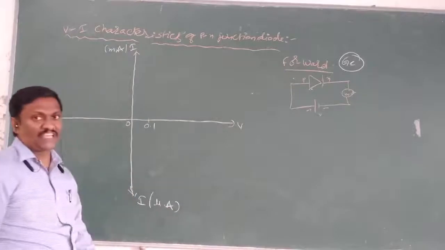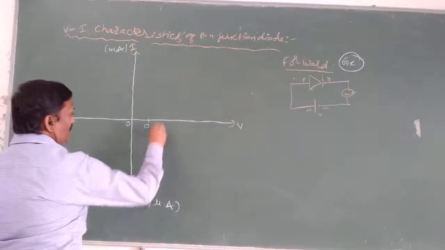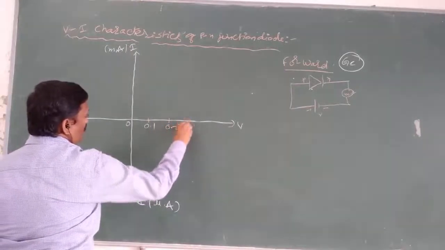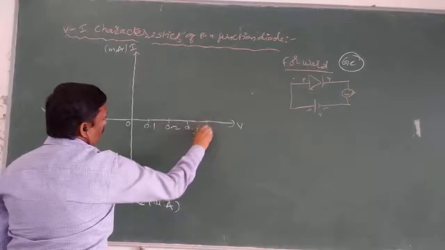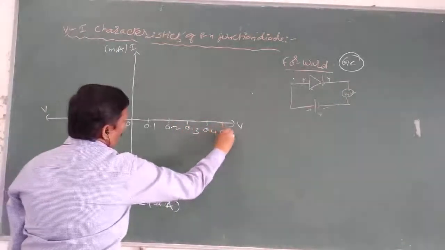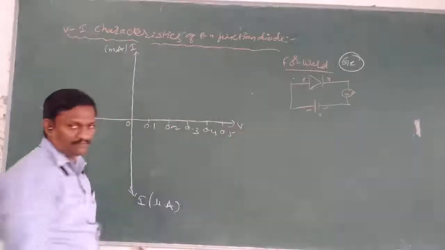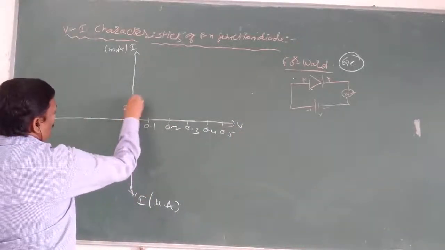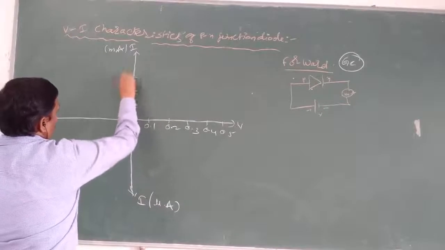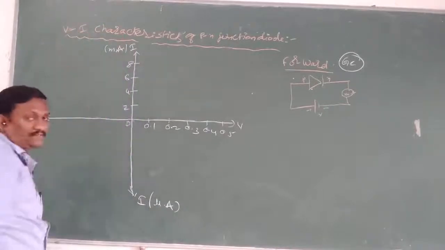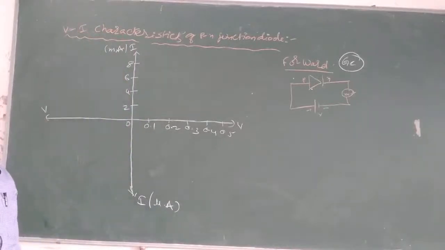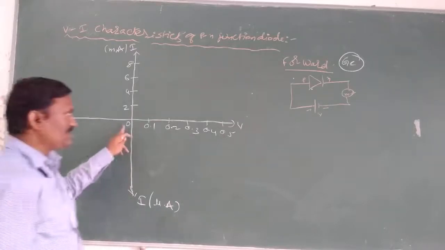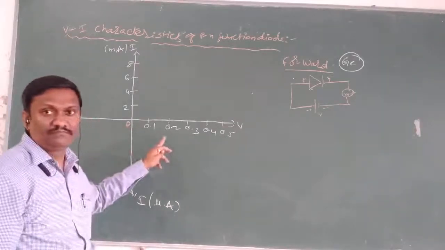First observe the scale on the x-axis in forward bias: 0.1, 0.2, 0.3, 0.4, 0.5, 0.6 up to 1 volt. Current is produced in order of milliamperes: 2 milliamperes, 4, 6, 8, 10, 20. Initial applied potential is 0, current is 0.